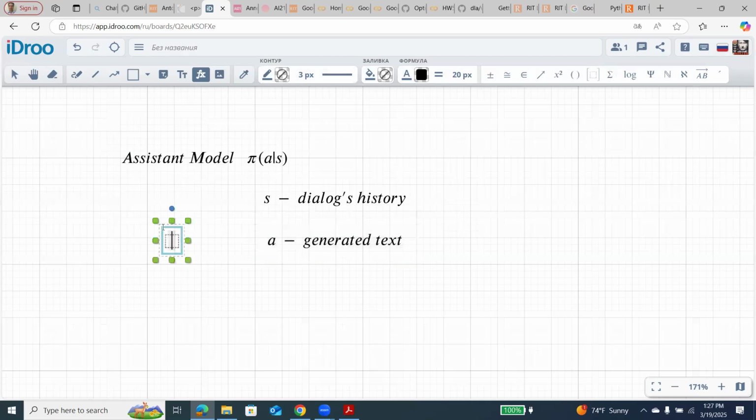So that's why we use this notation, a given s. S is given, and a, the output from our model, is generated text.